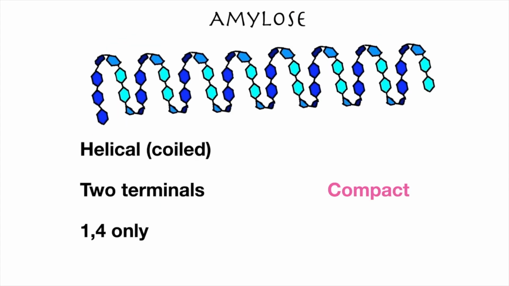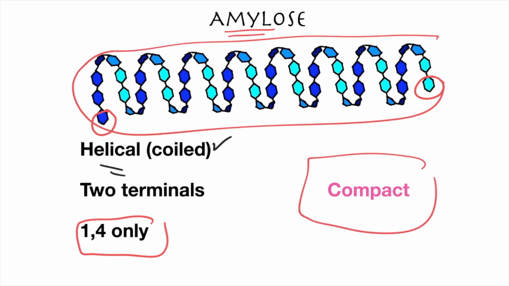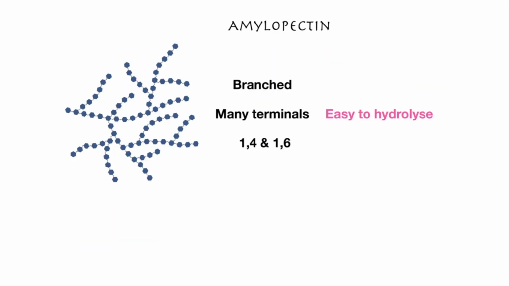So a quick summary about amylose and amylopectin. First is amylose. It's coiled or helical. It got only 2 terminals for digestion. The only bond available here is 1,4-glycosidic bond. What's the advantage of amylose? The advantage is that it's coiled, so it doesn't occupy much space inside the cell.